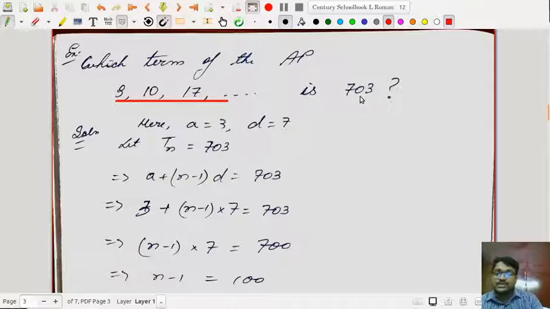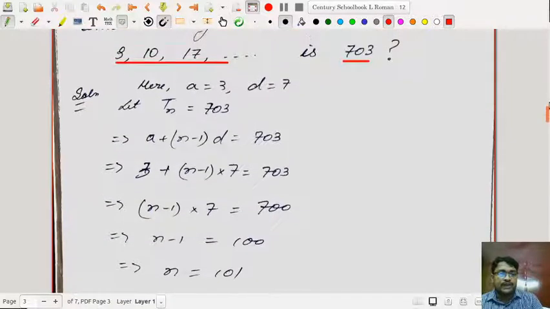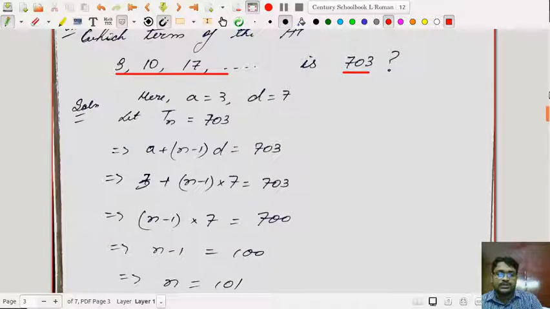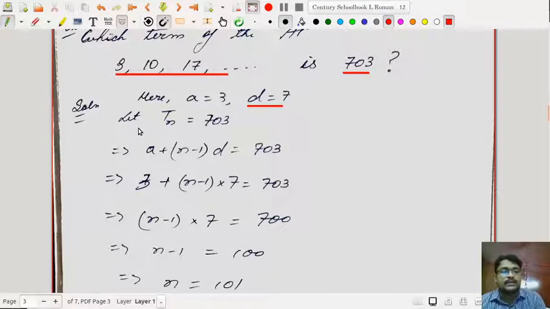We have to find the value of n for which the nth term is 703.